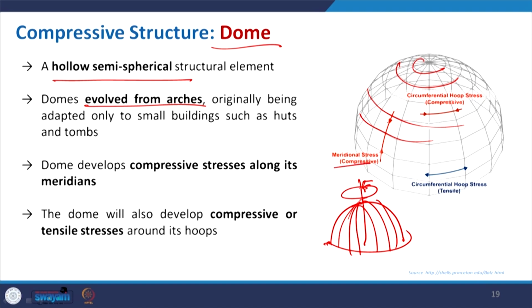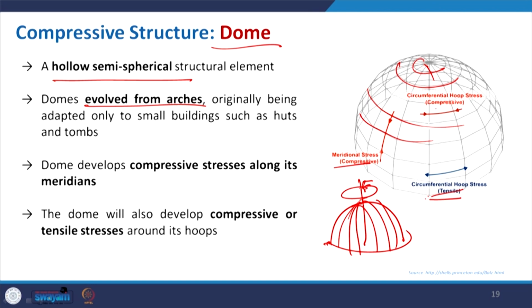They are trying to get very close to each other. At the bottom they will try to go out from each other, so in the hoops tensile force is developed. At the top, when these particular hoops try to get closer, compression takes place.